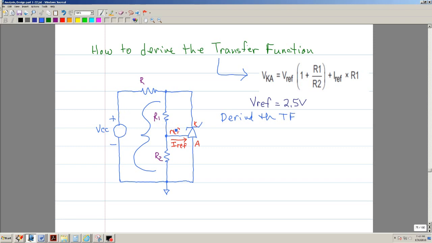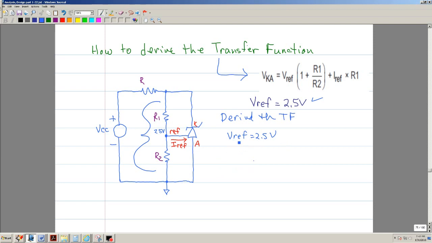It's labeled. Okay, so the first equation that I need is this one, meaning that the voltage at this point is going to be 2.5 volts. Right there. Okay, so let me go ahead and write this one. I'll write it again. Okay, and then IREF is the current that is going into the internal op-amp that's in there.